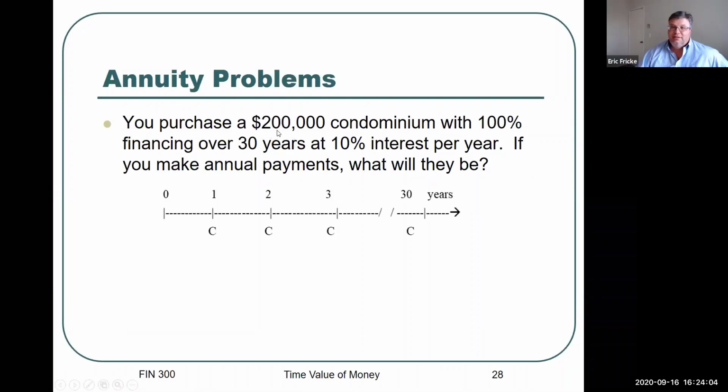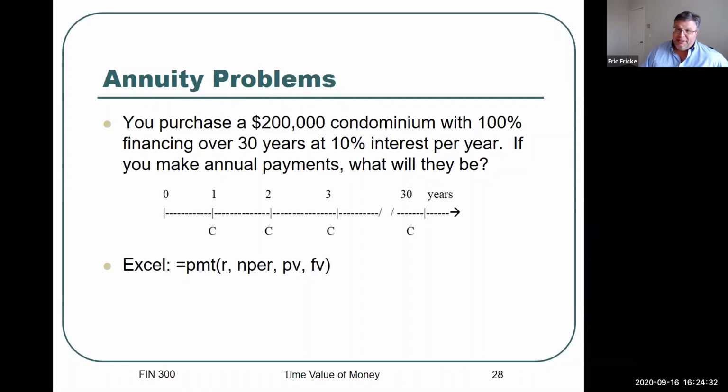That's the $200,000 purchase price. If we borrowed $200,000 because we had 100% financing, that $200,000 is the PV. So we're going to use that annuity formula, plug in the PV, and solve for the cash flow every period. That's the strategy on solving this problem.